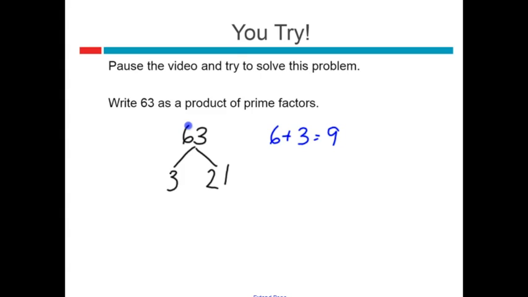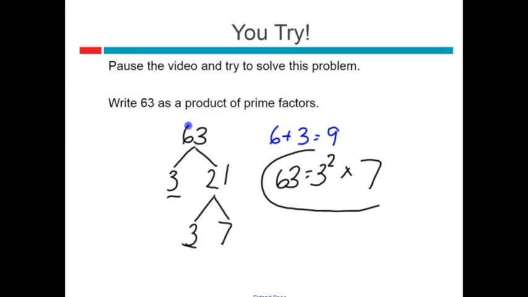If I add 2 plus 1, I get 3, so I know 3 is a factor of 21. So 3 times 7 is 21. So I can write 63 as 3 squared times 7. I have 2 factors of 3 multiplied by 7. And that's the prime factorization.